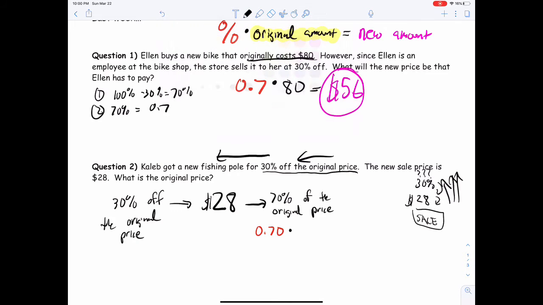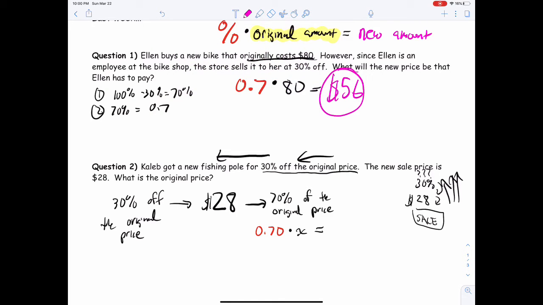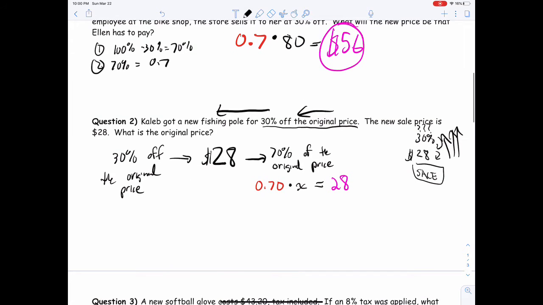So if you don't know what something is, like the bell ringer, you can call it X. Equals the new amount, and the new sale price is 28. And there we go. Now we have an equation that we can solve. So we're going to go ahead and solve this just like you would with the bell ringer. Divide by 0.7, and you should get x equals 40. You guys should have your calculator there.